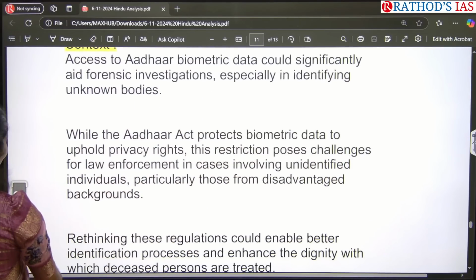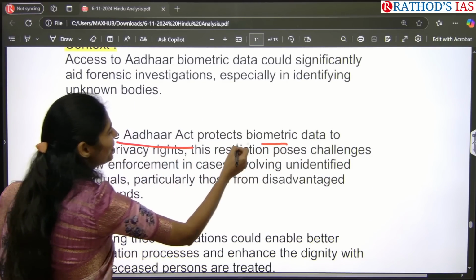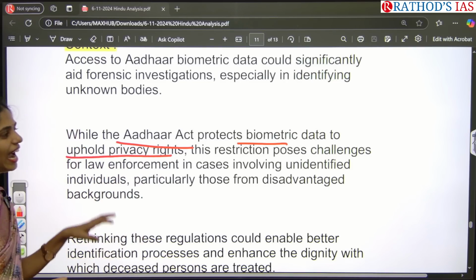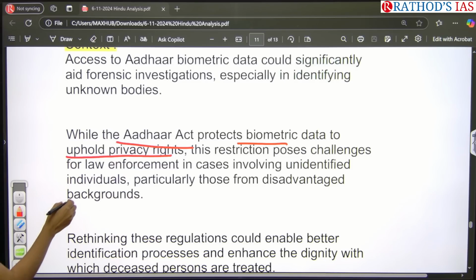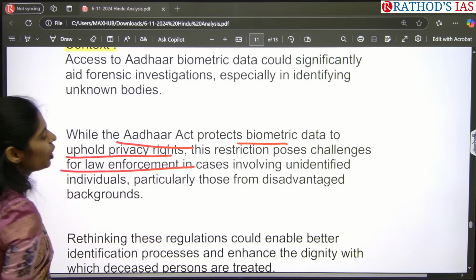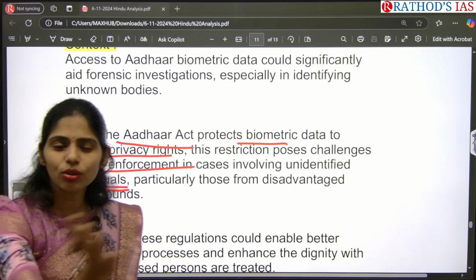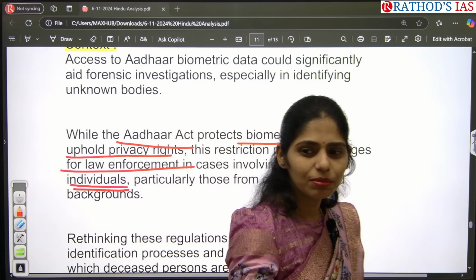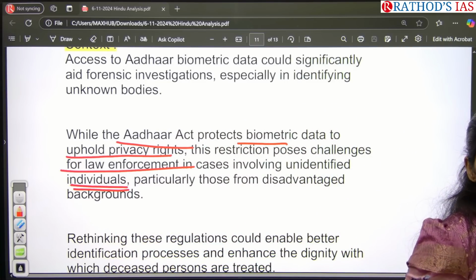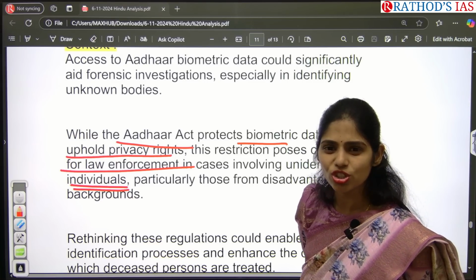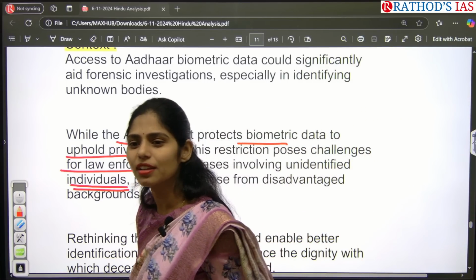So while the Aadhaar Act protects this biometric data to uphold privacy rights, and even they are providing some restrictions, which is posing challenges for law enforcement agencies in the cases involving unidentified individuals. So especially who will be there, like roadside dead bodies, whether they belong to rich, they always belong to socio-economically disadvantaged vulnerable groups.